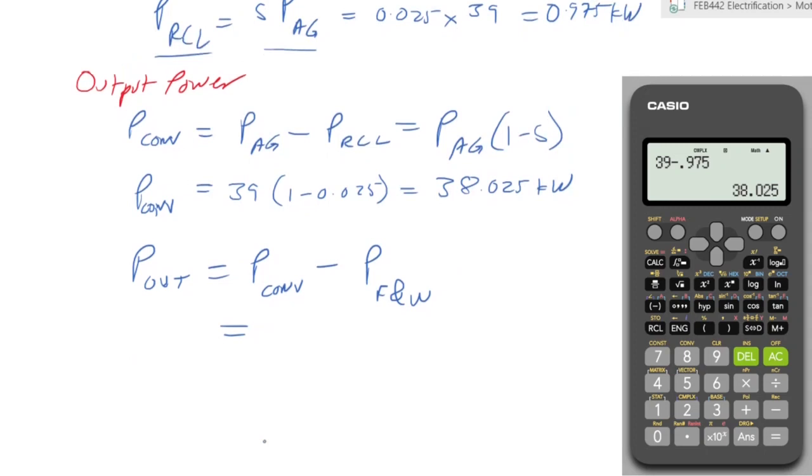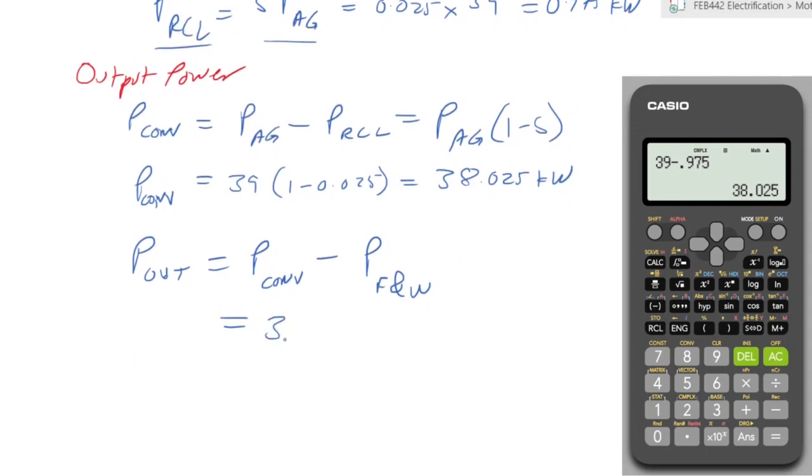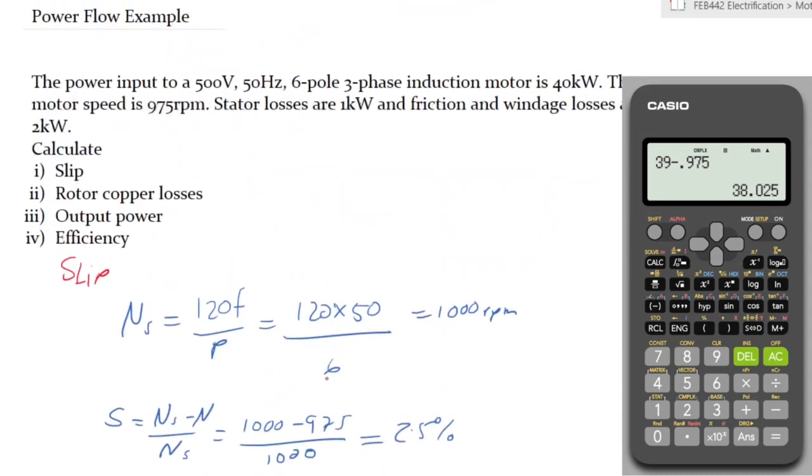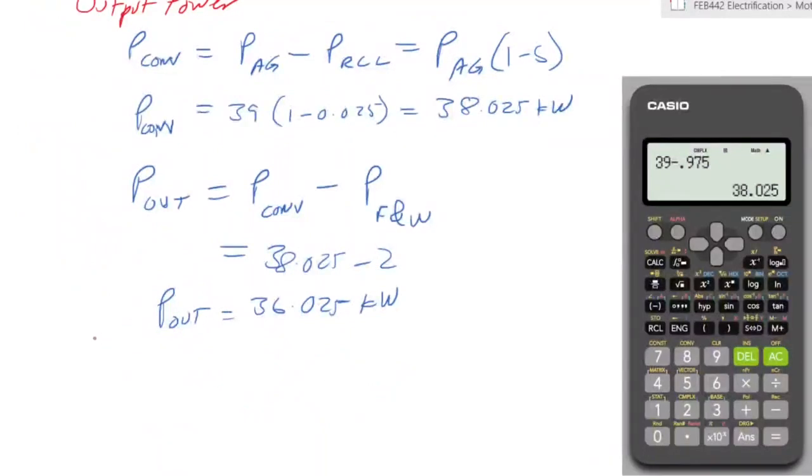And this is equal to 38.025 minus 2. So output is equal to 36.025 kilowatt. And so finally, we can look for the efficiency, which is... I have a question.